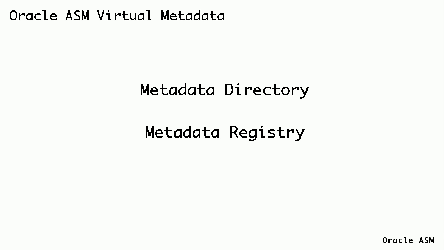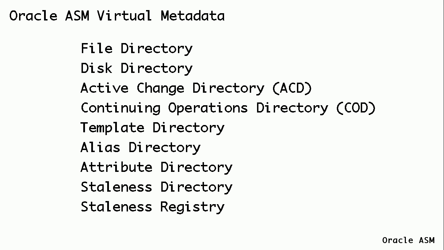Note that the V$ASM_FILE view will not display any information about Oracle ASM Virtual Metadata. Oracle ASM Virtual Metadata contains various metadata structures. Now, let us discuss these Oracle ASM Virtual Metadata structures.